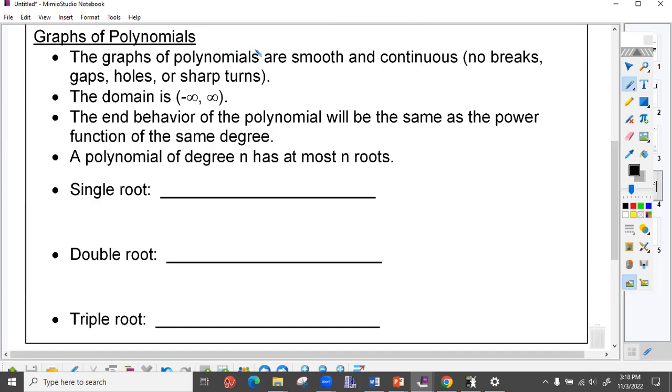Oh my God, we got to fix it out. Oh my gosh. All right.